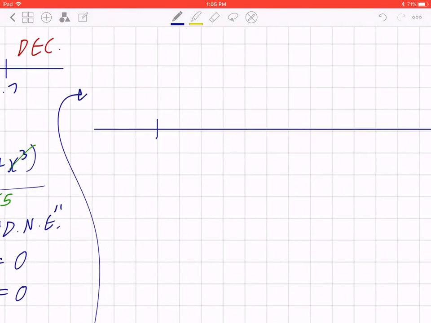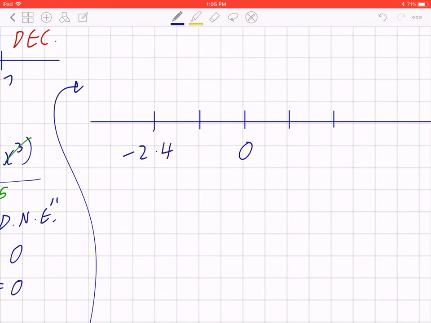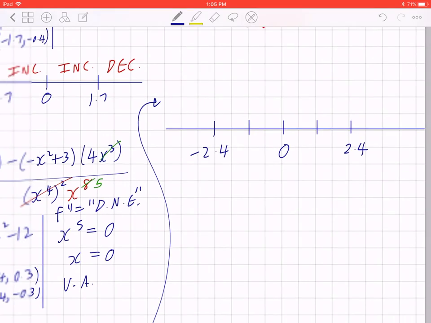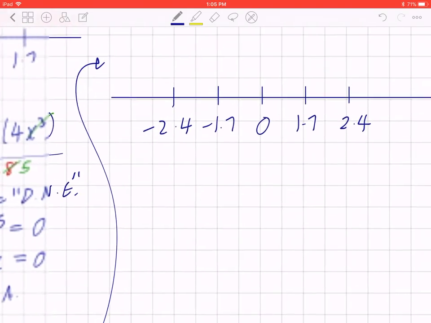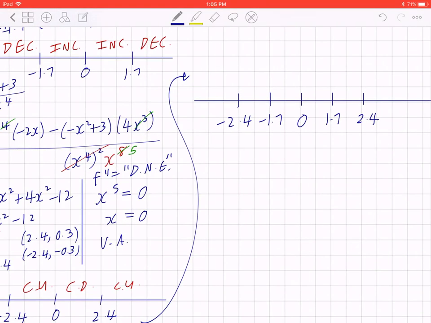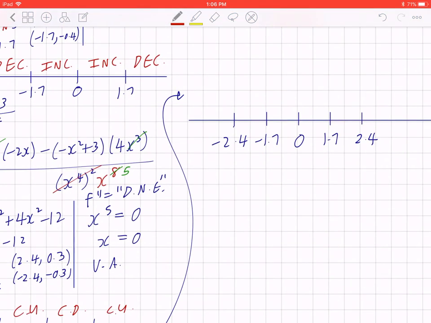So this is the superposition of all the increasing, decreasing, and this is how you're going to graph it. So again, there's negative 2.4, 2.4, there's negative 1.7, positive 1.7, and of course there's the vertical asymptote, which separates everything else. So again, if I just go back and copy this, this is decreasing, decreasing, increasing, increasing, decreasing, decreasing.